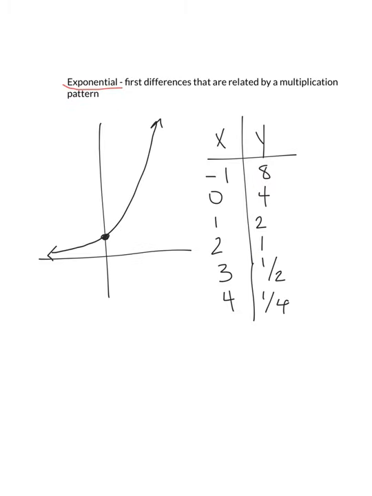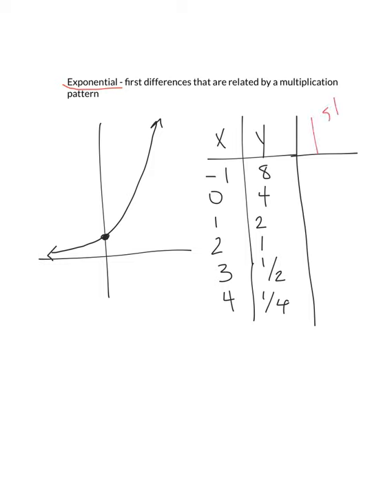Exponential functions have first differences that are related by a multiplication pattern. So the graph again is pretty obvious. It will have an asymptote, it will never cross that asymptote, and the other side will be drastically increasing or decreasing depending on the function. And when we calculate our first differences, what you're going to notice is that we're not going to get the same number. I can already see that there's no pattern here.